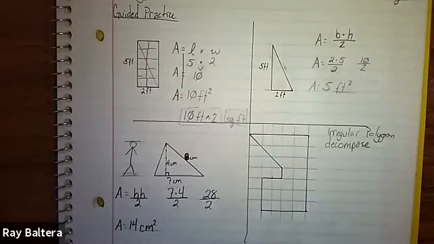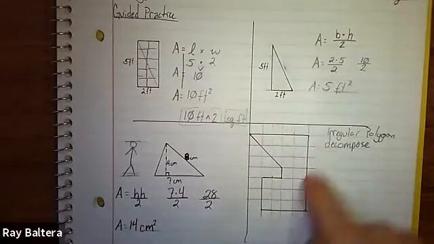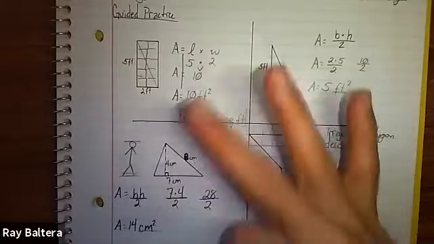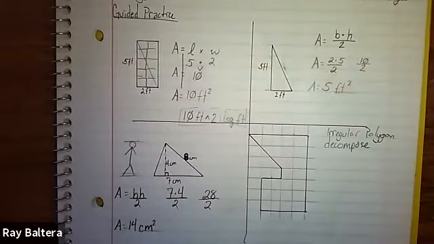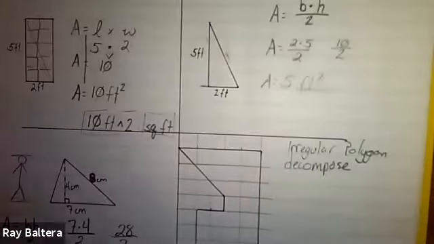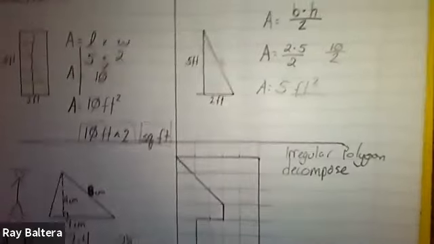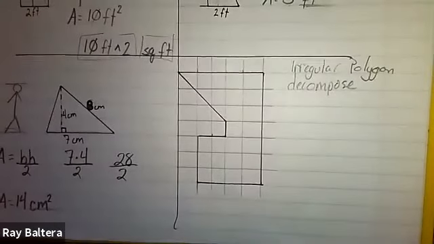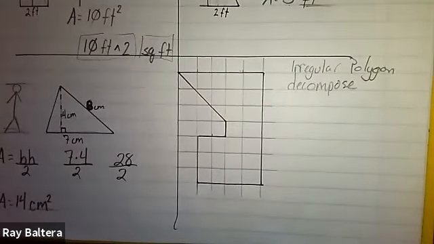Now, I'll give you a hint here. You can decompose this shape into 3 different shapes. Look closely. Where could you draw lines to decompose this shape? Teo has an idea.